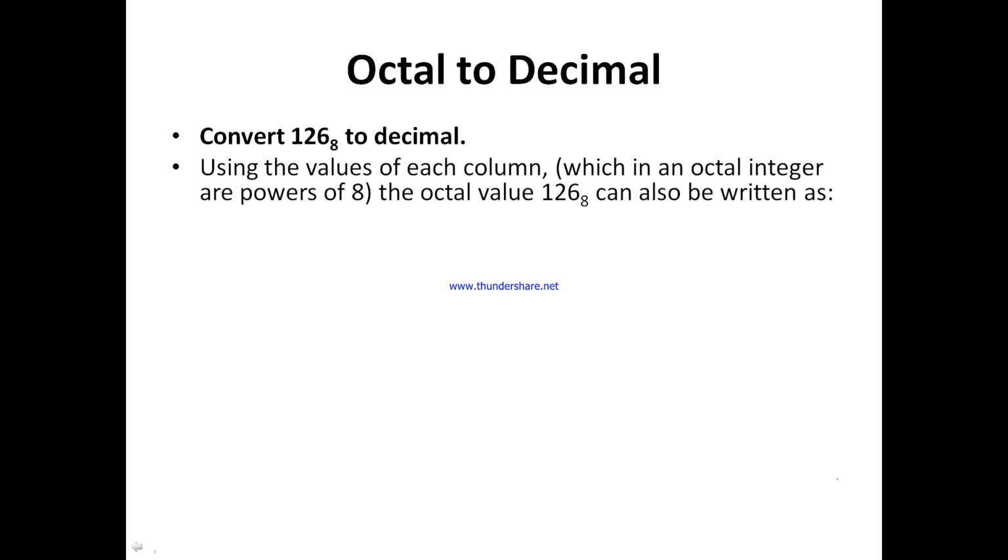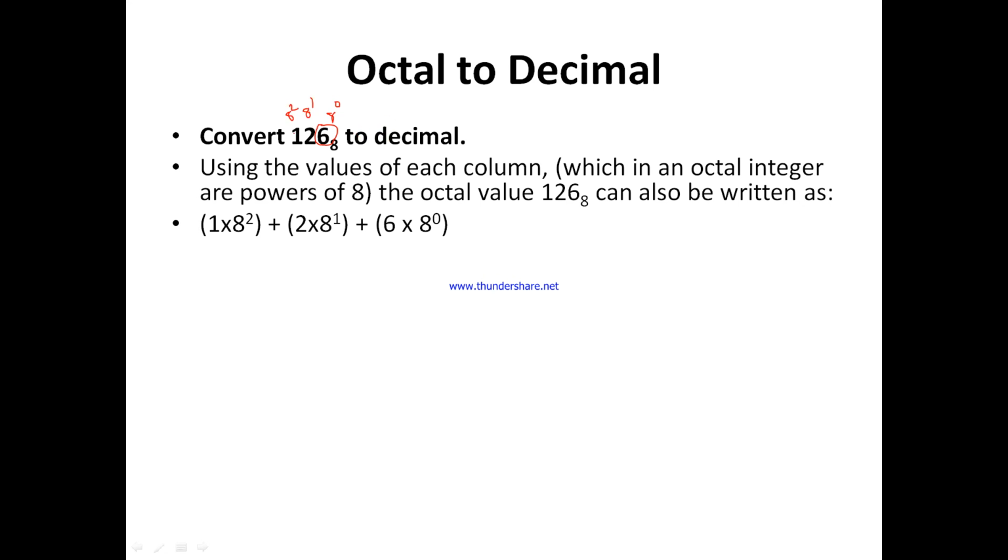Next we are going to discuss octal to decimal conversion. Convert the number 126 base 8 to decimal. The rightmost digit, the LSB, 6, is multiplied by 8 power 0, the 2 by 8 power 1, and the 1 by 8 power 2.